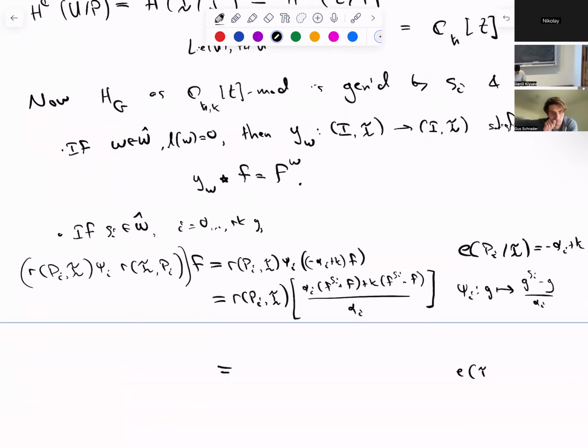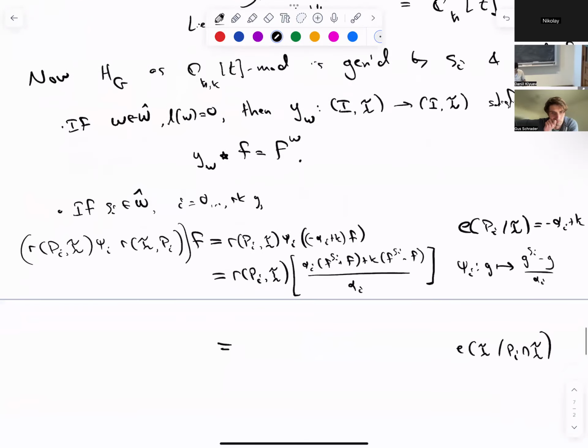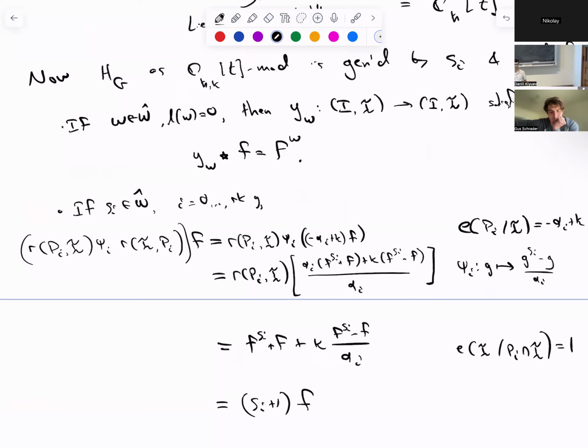But the Euler class of this quotient itself is 0, so the Euler class acts by 1. So nothing happens. And then I'm going to rewrite this as just F s_i plus kappa F plus F s_i minus F over alpha_i. And this is precisely the result of applying s_i plus 1 to F, this kappa twisted action on polynomials.